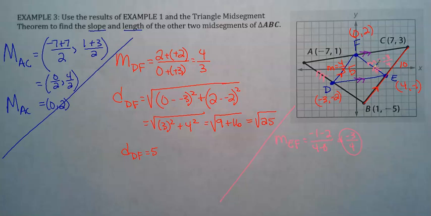And I need to find the distance. So the distance of EF is the square root, oh, I wrote that way too long of a line. The square root of the difference, x2 minus x1, so 4 minus 0 squared plus the difference of our y's, negative 1 minus 2 squared.